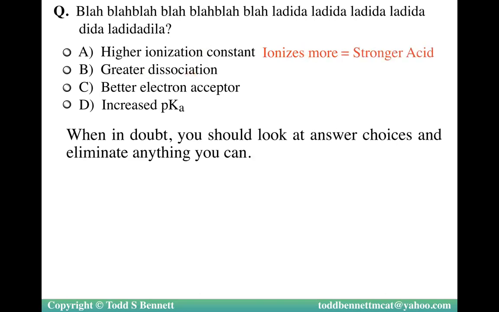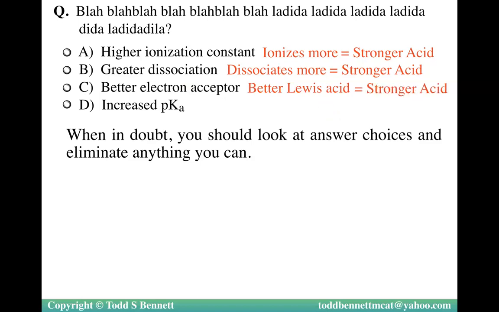Greater dissociation implies, again, the same story. It ionizes more, it breaks apart more. If it dissociates more, you get more H plus, stronger acid. Electron pair acceptor. So a Lewis base has two E's, so it's an electron pair donor. So an electron pair acceptor must be an acid. This is saying a better Lewis acid means a stronger acid. Better acid is stronger. An increased pKa, finally, something I can relate to. pH getting lower would be more acidic. pH getting higher is more basic. pKa getting lower is more acidic. pKa getting higher is less acidic.